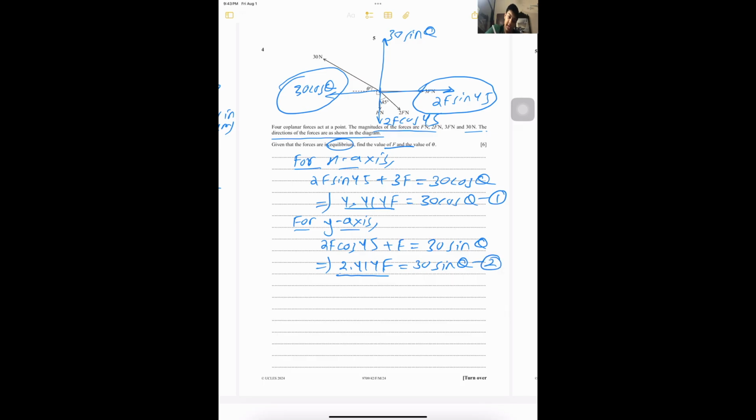Okay, so as I was saying, we know that sine theta by cos theta is tan theta. There's a little bit of pure math knowledge for you. So if we divide these two equations, 2 divided by 1, what comes? It comes as 30 sine theta over 30 cos theta equals 2.414f by 4.414f. Just to find the theta, I'm just doing a simple technique, which I also like to do.